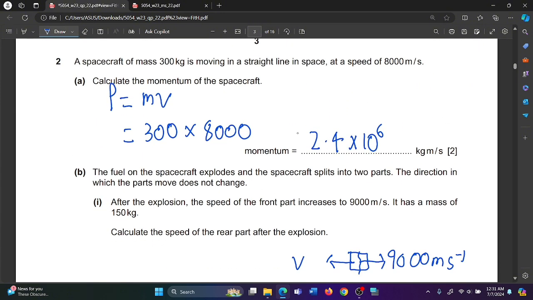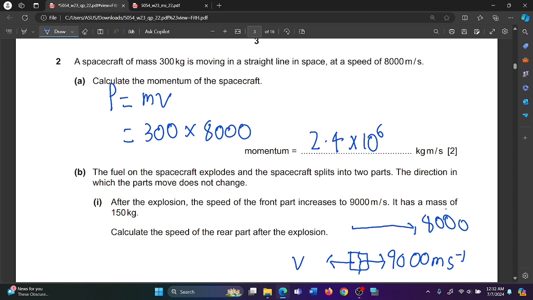The question also says that the direction in which the parts move does not change, which means after the explosion, let's assume the spacecraft was moving towards the right at a speed of 8,000 meters per second. The question previously told us the spacecraft was moving at 8,000 meters per second.